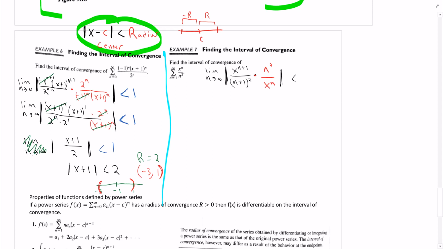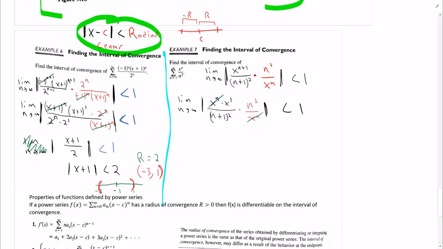And we're trying to show that this is going to be less than 1. Normal tricks, right? It's very repetitive. You have a lot of the same stuff going on. And so what's going to cancel?